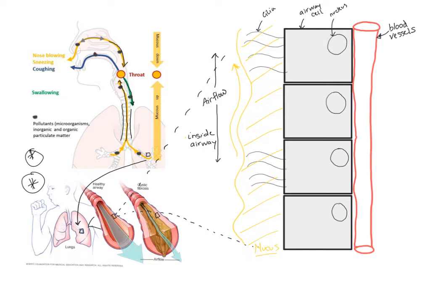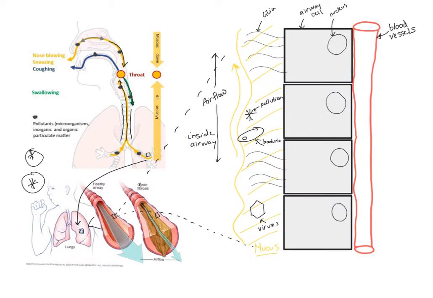Now, inside of that mucus, again, we would expect to find a couple different things. We're going to use this to represent pollution, so air pollution. We'd also expect to find probably things like bacteria, and we'd probably expect to find some viruses.